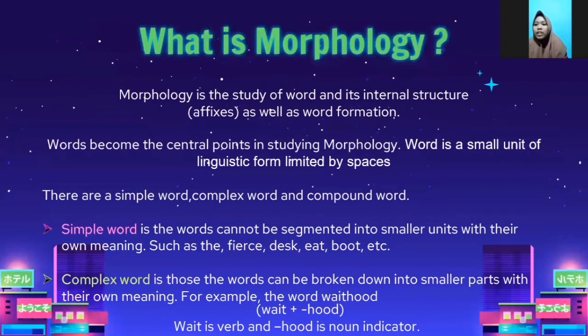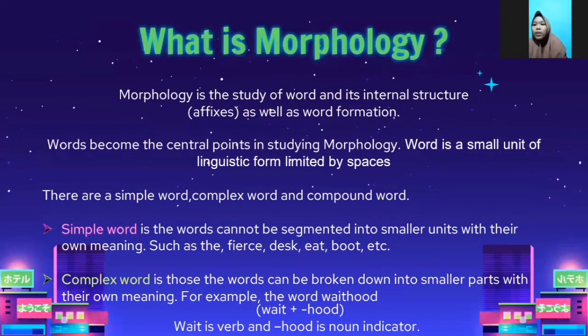A simple word is a word that cannot be segmented into smaller units with their own meaning, such as the, which, that, it, both, and etc. Complex words are those that can be broken down into smaller parts with their own meaning.